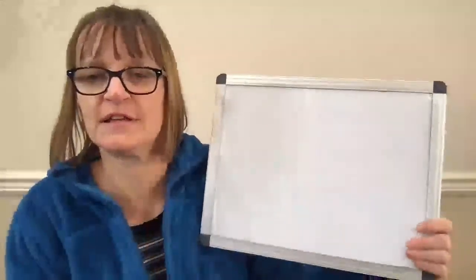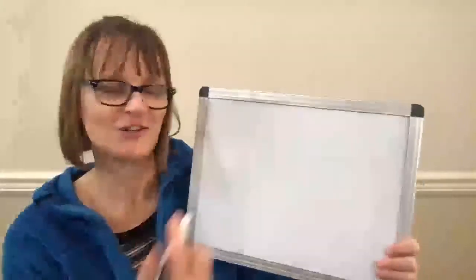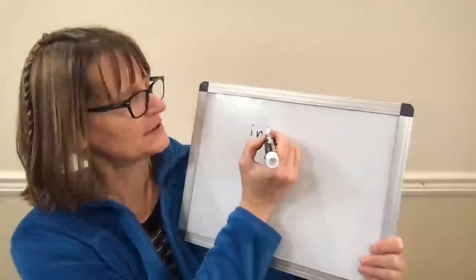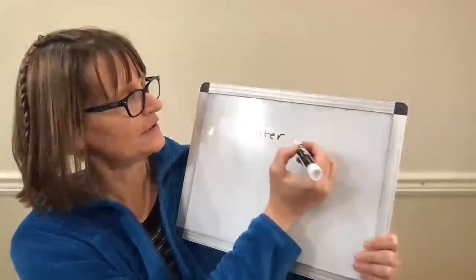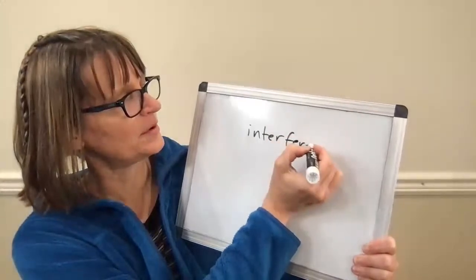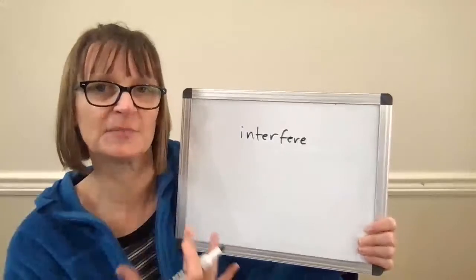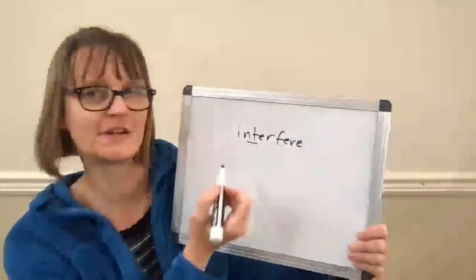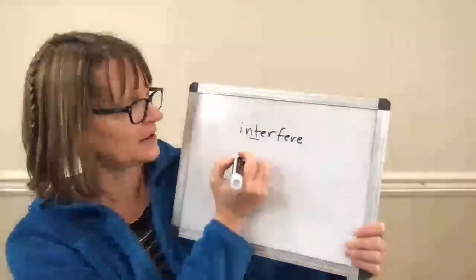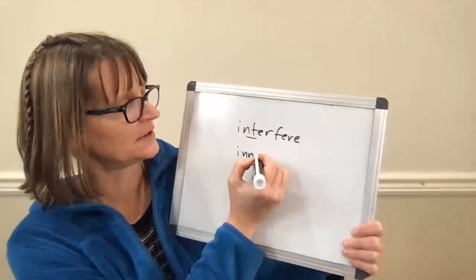intertwined, intervene, and interfere. So I intentionally said those the way you'll hear Americans say them. If we have interfere, for example, I can say it with a T, interfere. And people do that some of the time. Often when there's an NT like that in the middle, Americans will say that more as inner.